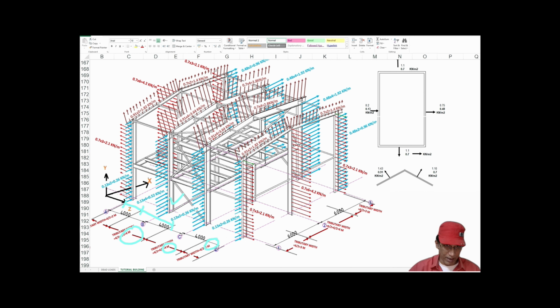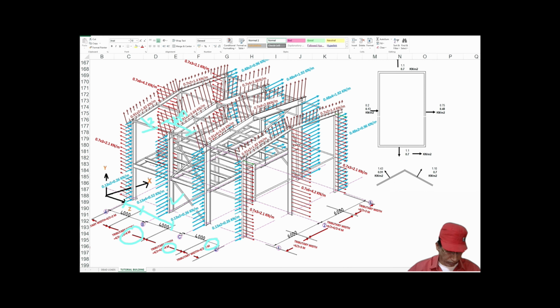Similarly for the gable rafter, this is half, 2 meter. For the interior rafter, half from the left side and half from the right side, so the tributary width is 4 meter.